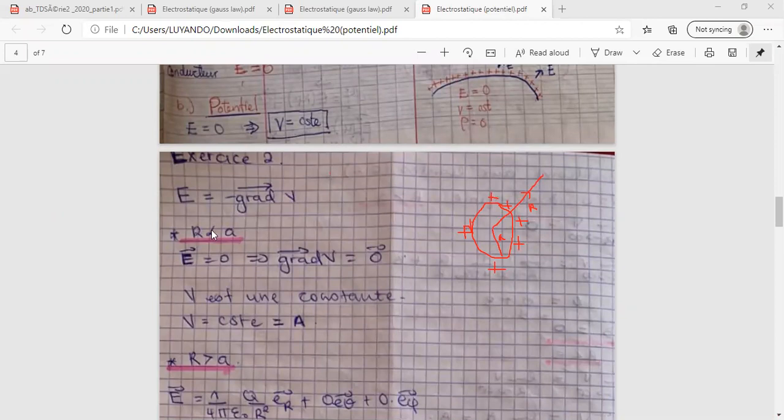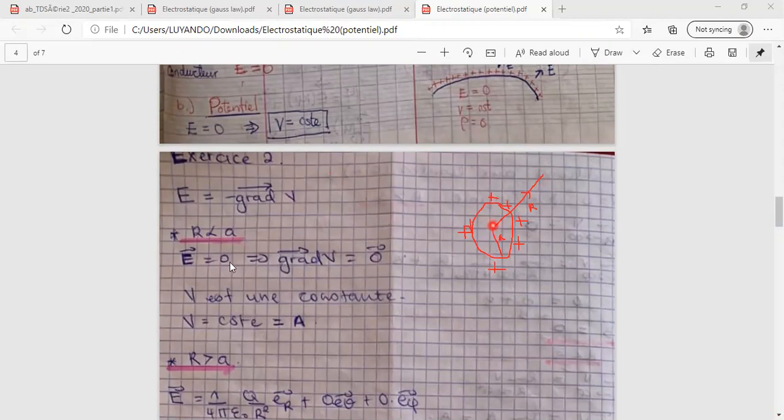When r is less than A, which is the interior of the sphere, we said that our E is going to be 0. That's what we discussed last time. In here, because there's no charge, our E is equal to 0.